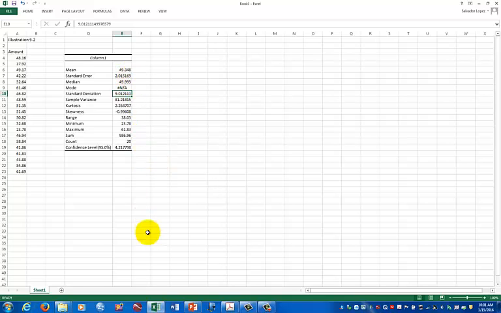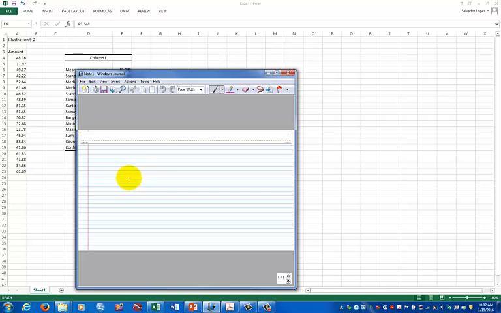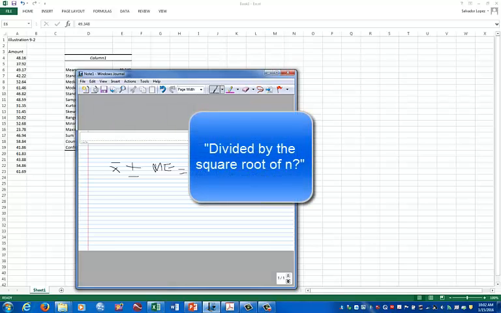So remember the formula: the mean plus or minus the margin of error, which is equal to x bar plus or minus the t-value times s over the square root of n.